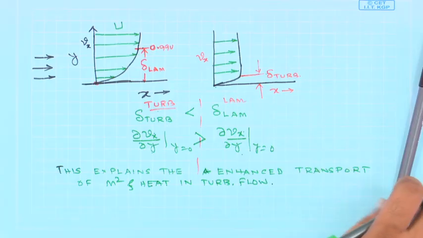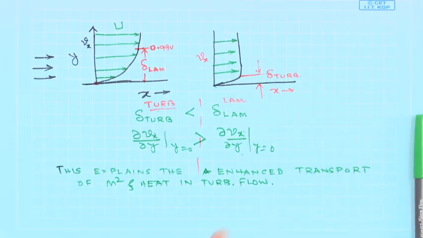So, I have given you an idea, heuristically I have shown you why you would expect more heat transfer and more momentum transfer in turbulent flow as compared to laminar flow.